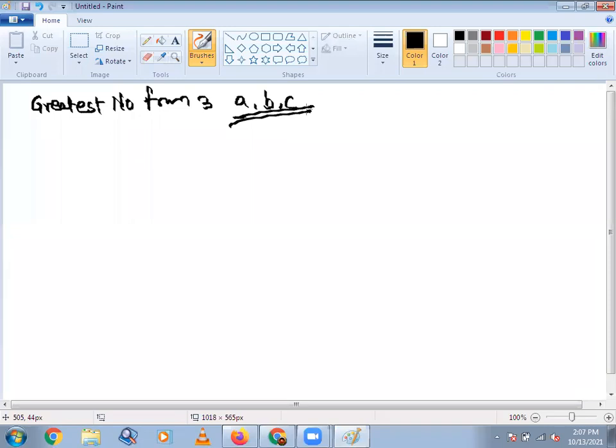Okay, tell me which method you know. What is the first step? Suppose you have taken three integers A, B, C, and you have entered the values with printf and scanf. Then we are going to write the next statement. What will be the next statement?